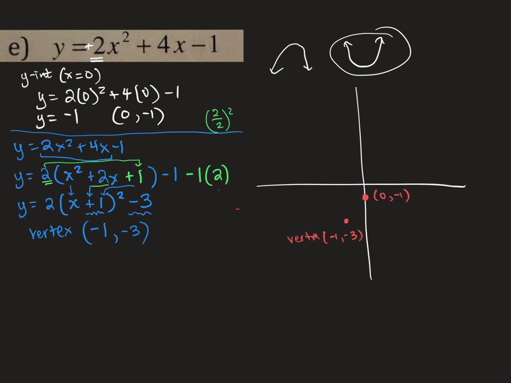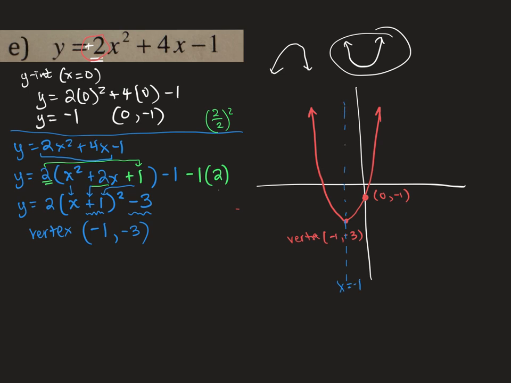Now we know the parabola opens upwards because our a is equal to a positive number, and it should look something like this, but it would be nice to know a few more points on that graph. We can get one more point right away because of the axis of symmetry, which runs through x equals -1.